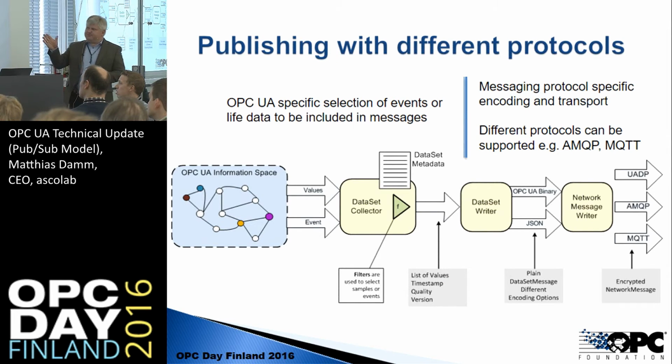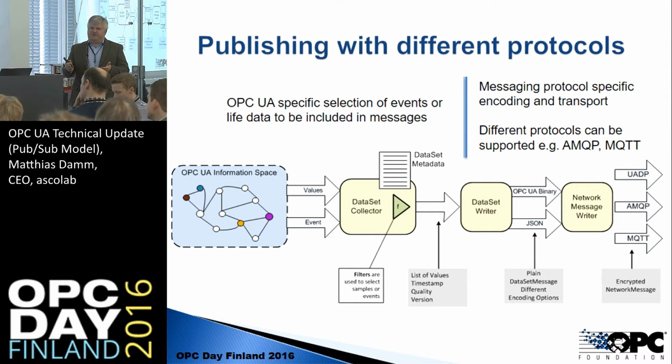There are different steps we are working on, and on the left side you see more or less the general mapping of OPC UA information to what we call a data set. So you can select either a list of variables that go into such a data set, or you can subscribe for events or select events.